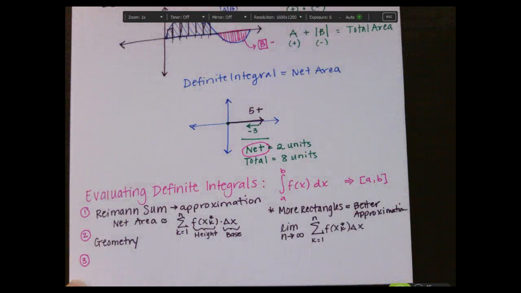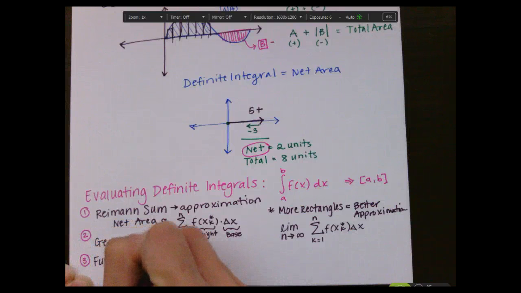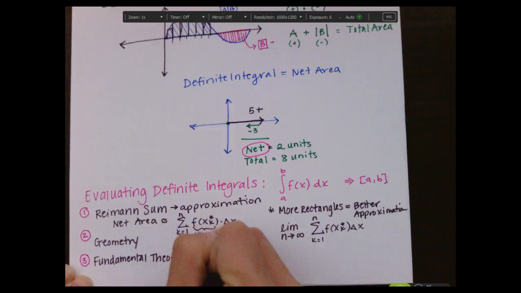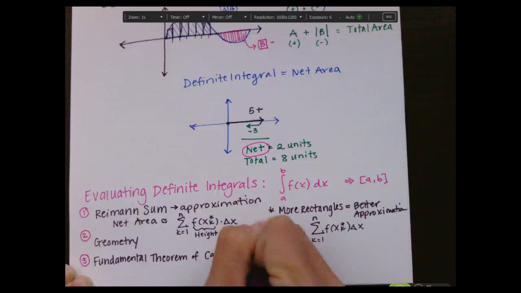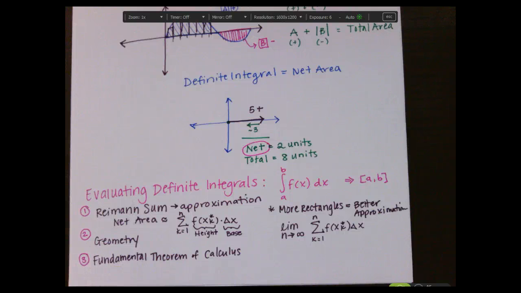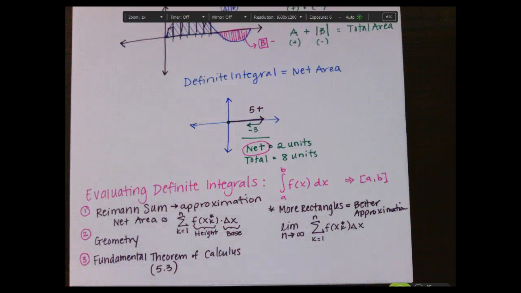And we're going to find the area of each piece in order to calculate the area under the curve represented by the definite integral. The third method is called the fundamental theorem of calculus. You can tell by its name that it's pretty important. In my eyes, it is the most important theorem that you will learn in calculus. Unfortunately, you have to wait another week to learn it because it's not until section 5.3.